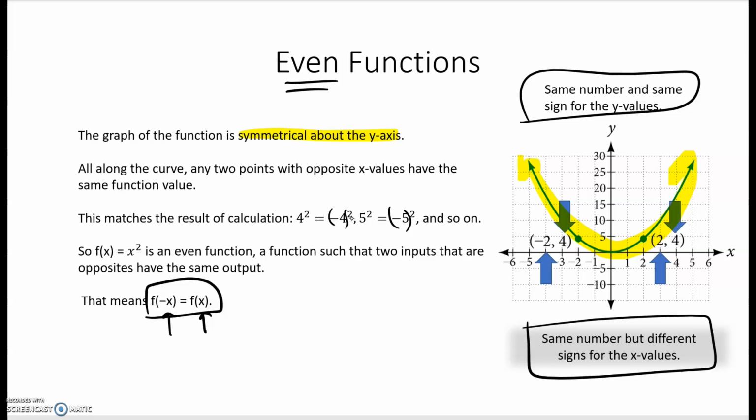One of them is negative, one of them is positive. But notice both of the f of x values are positive. Okay, you don't write positive, you just kind of leave it out. Okay, so that means that it returned the same y value. Because remember, f of x is just a really fancy way of writing y.